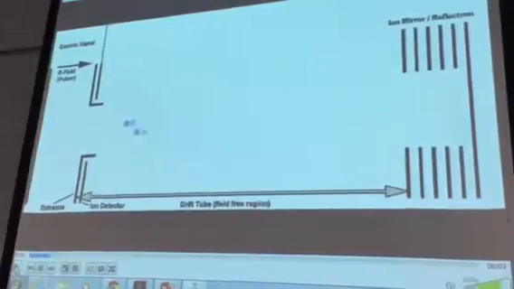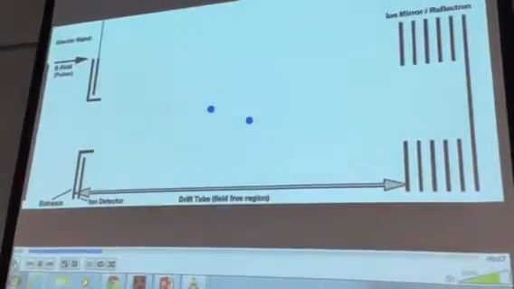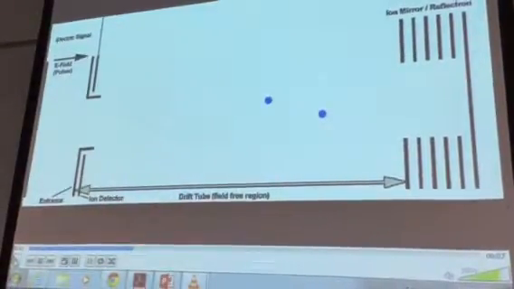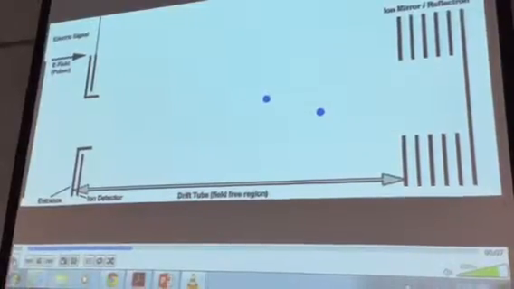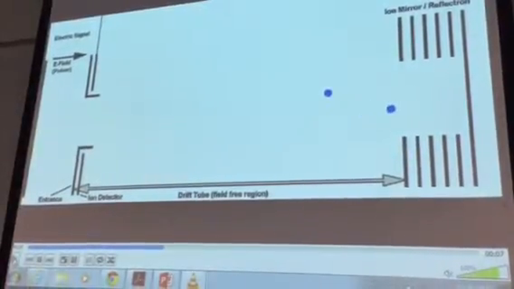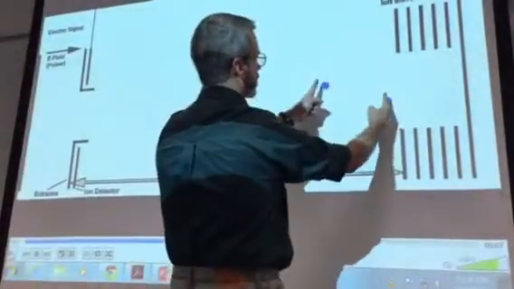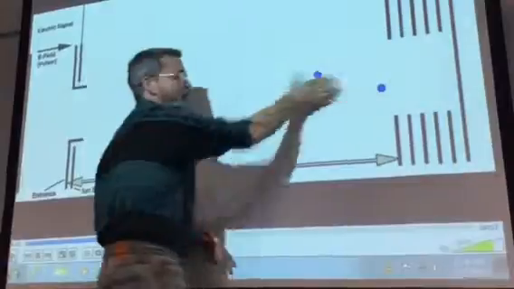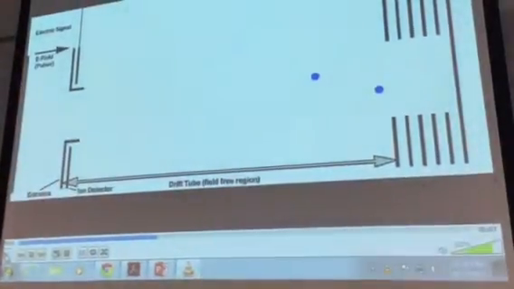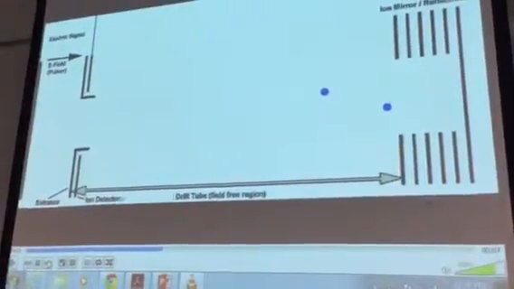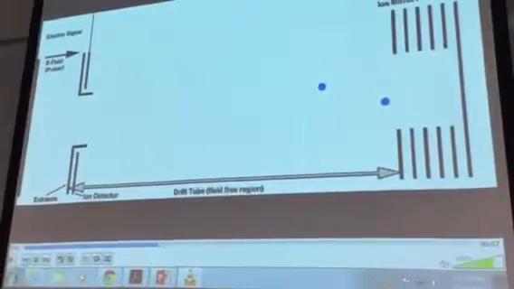And so, as they travel through the field-free tube, notice that the distance between them is getting greater and greater. Right before they encounter this reflectron, check out the difference in distance. It's more than a hand length different, okay? And now watch slowly. I'll just pause my way through it.